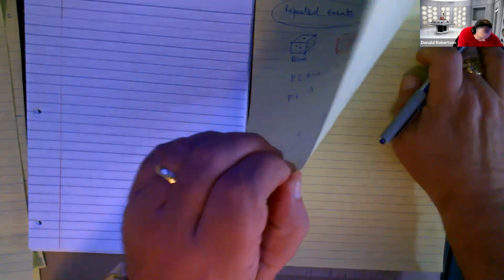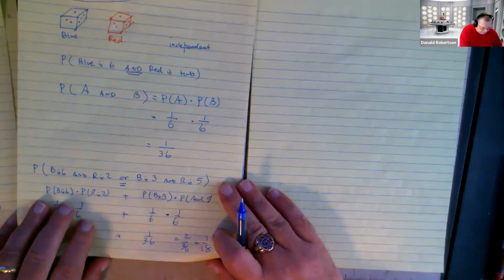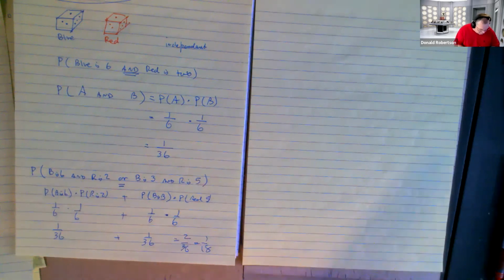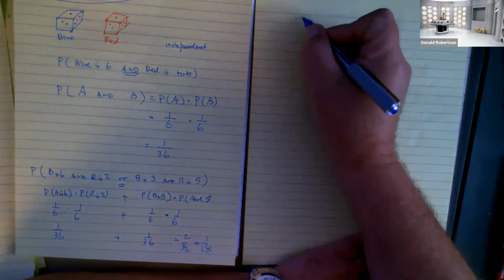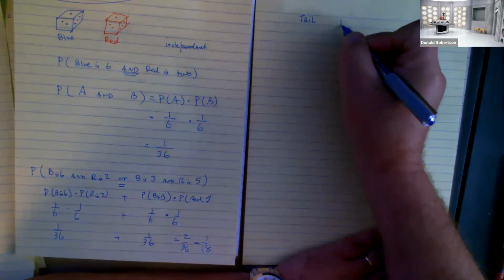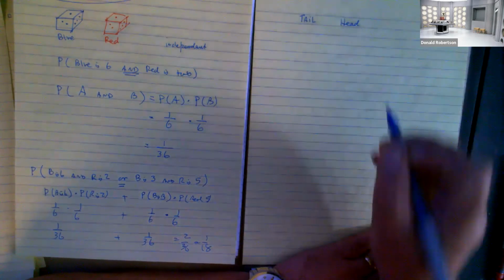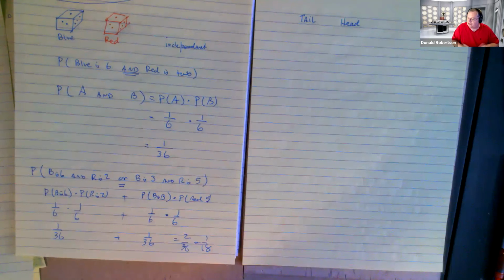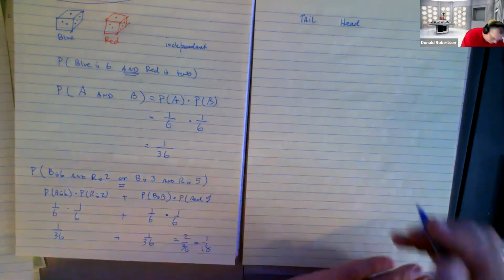So if you repeat events and they are totally independent of each other, can't you just multiply 1 times 1 times 1? So let's put that into effect. Suppose I take a coin. Would you agree that it's either a tail or a head, right? And they're mutually exclusive, which is fine, but they're independent, which is more interesting.